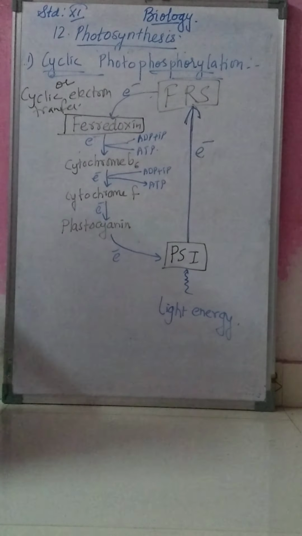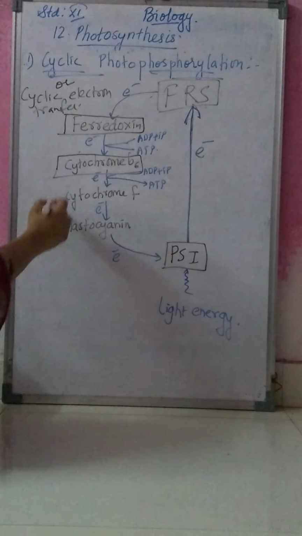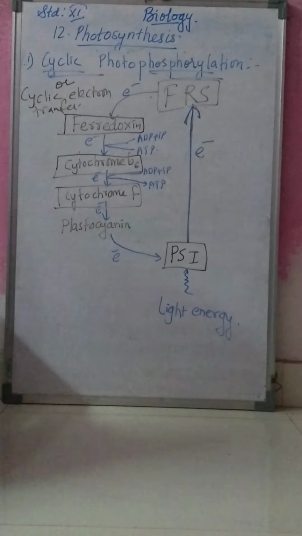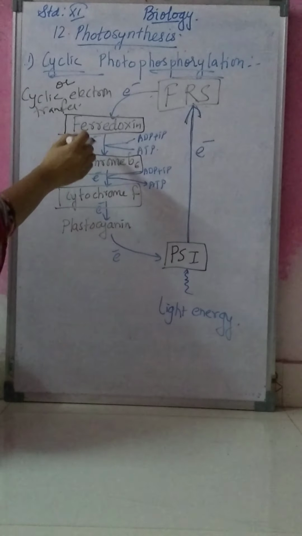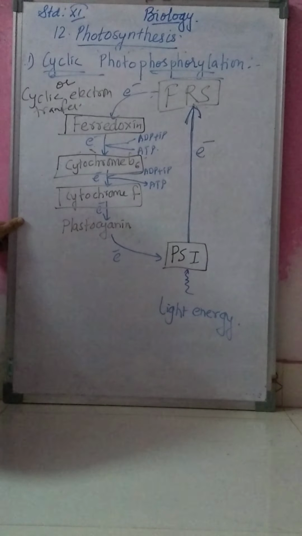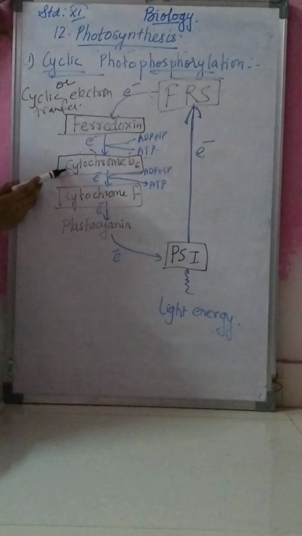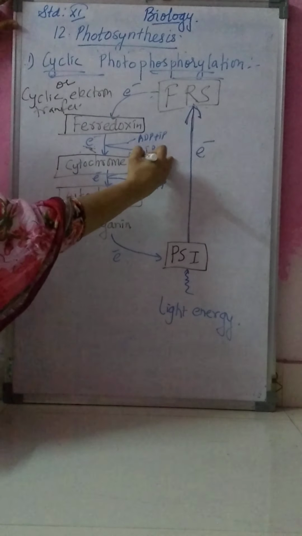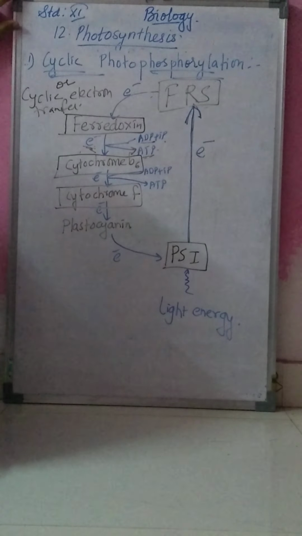From ferredoxin, the electrons are transferred to the cytochrome system, that is cytochrome B6 and cytochrome F. During this transfer, when electrons are transferred from ferredoxin to cytochrome B6, the energy of the electron is utilized for the synthesis of ATP from ADP and inorganic phosphate.